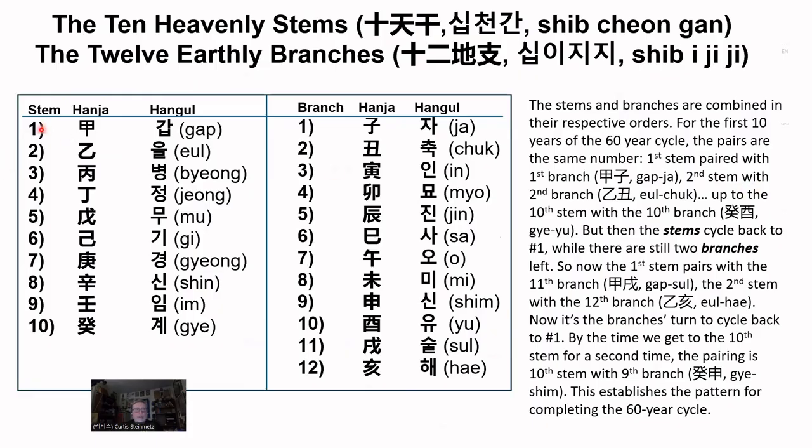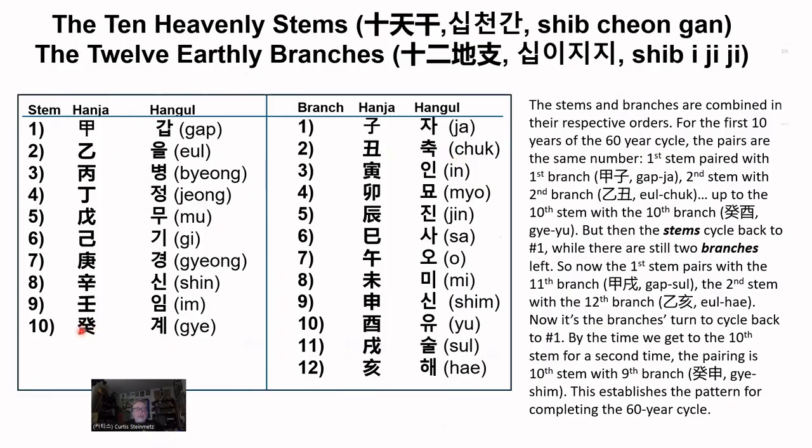So we go through. There's a cycle of 60 years, and to assign the heavenly stem and earthly branch to each year, we start with the first heavenly stem and the first earthly branch, Gap, Ja. One. Then we go to the second heavenly stem and the second earthly branch, Ul Chuk, and so on.